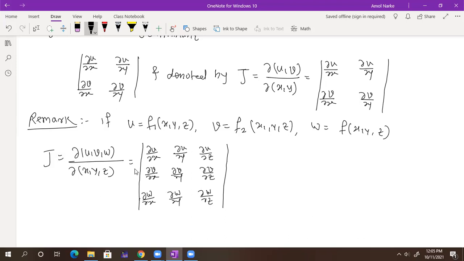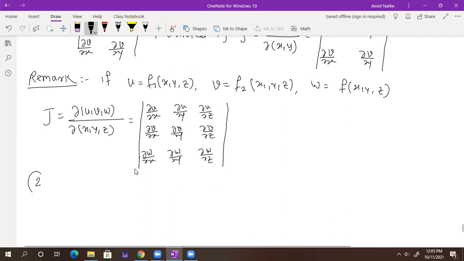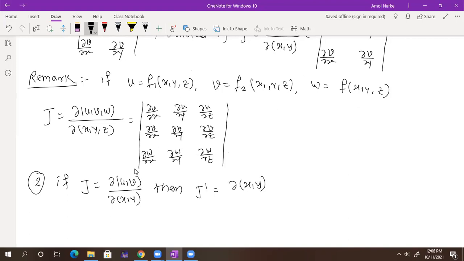Okay. Now another remark, Remark 2. If J is equal to the Jacobian of u and v with respect to x and y, I am talking about 2x2 now, then J dash is equal to the Jacobian of x and y with respect to u and v.